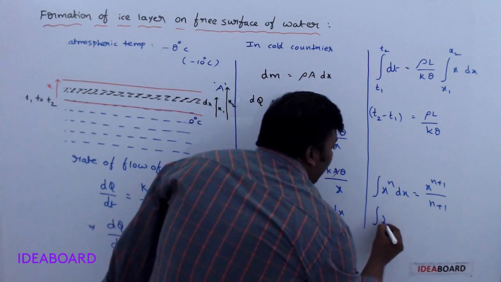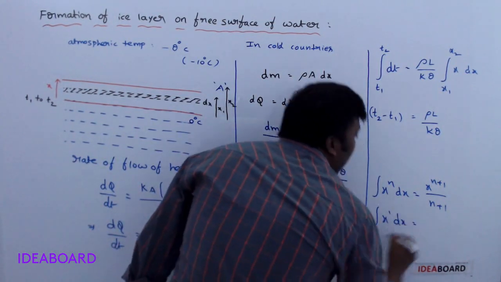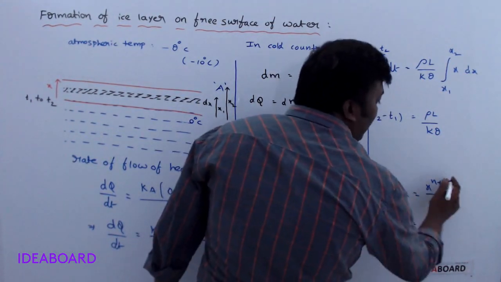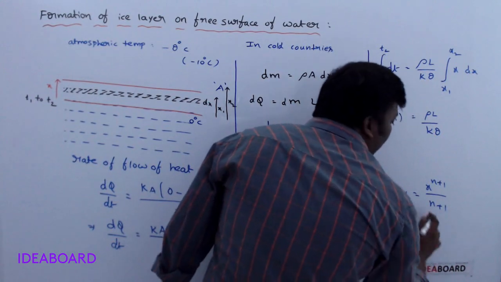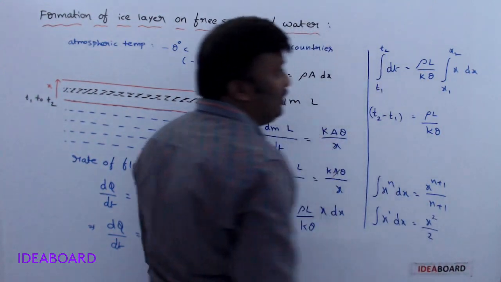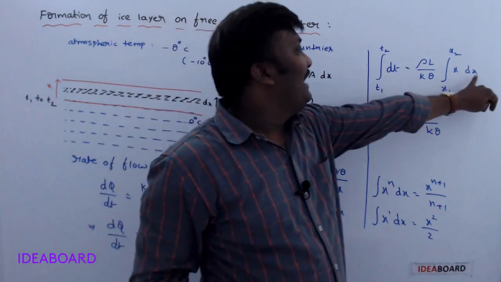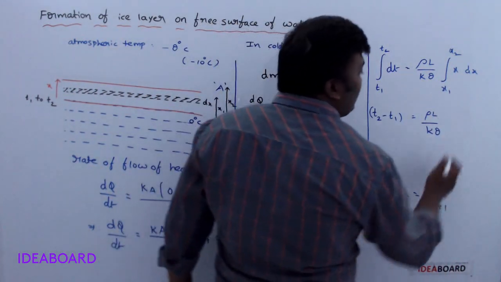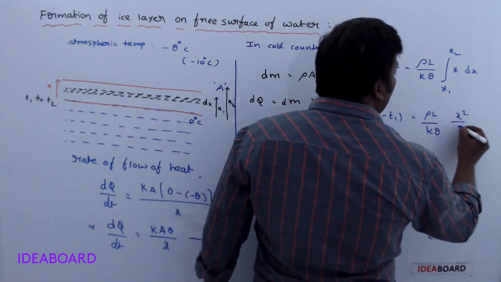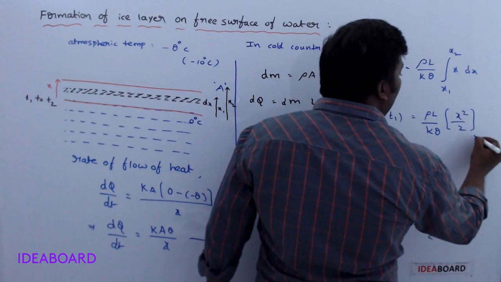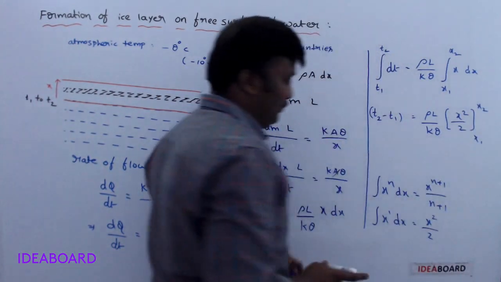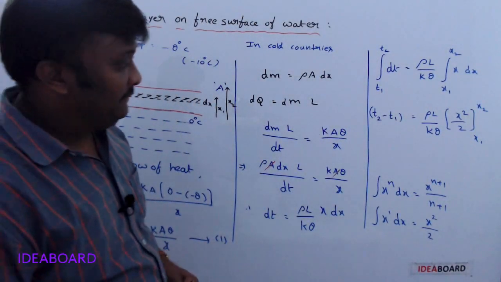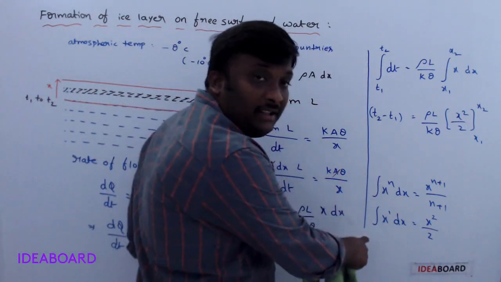So integral x power 1 dx is nothing but x power 1 plus 1, 2, by 1 plus 1, 2. So what is the formula for integral x dx? x square by 2, between the limits x1 to x2. Okay, I understand this one.